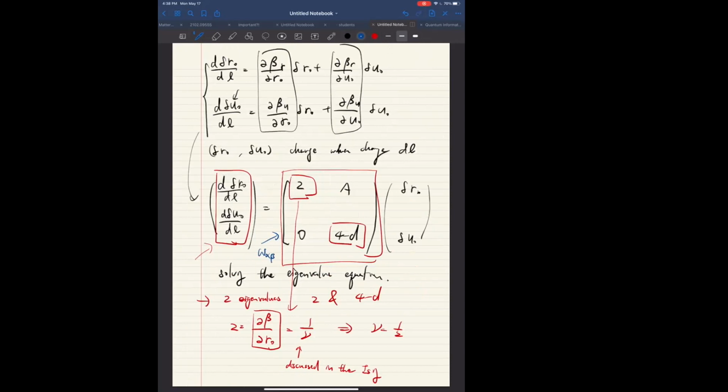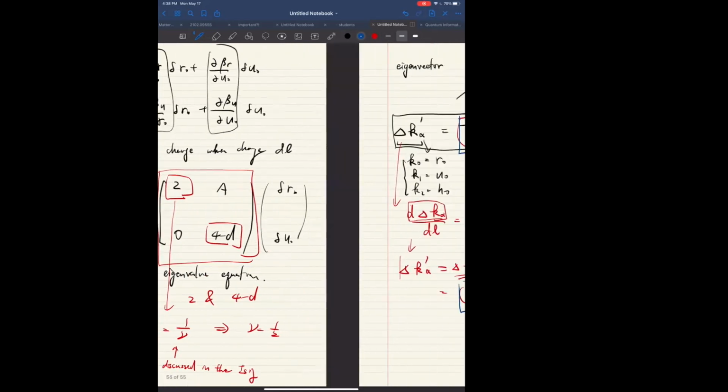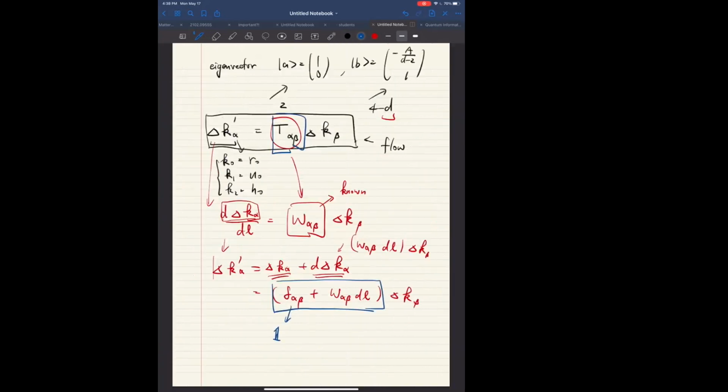And as you know, this one, in terms of matrix representation, is just the identity. And you get the corresponding eigenvectors A and B, and the identity doesn't change the eigenvector. So the eigenvector of omega will be the eigenvector of T. So we don't need to worry too much.